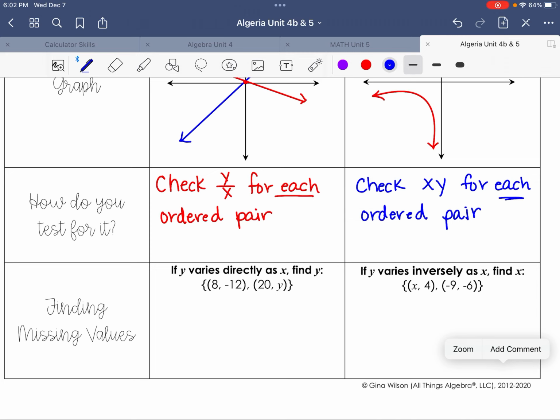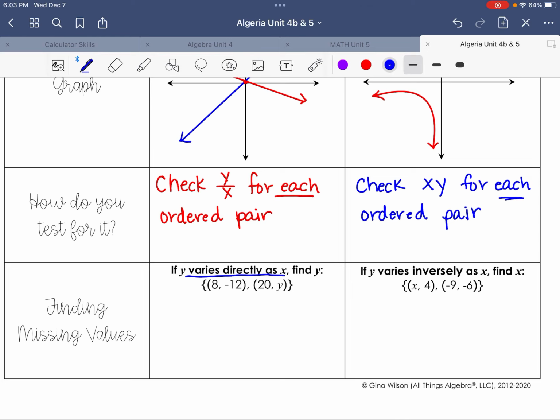If you're finding missing values, you need to remember that because direct variation is proportional, it can be set up as a proportion with each y divided by each x set equal to every other y divided by its x. So if you have direct variation, here's a key word: varies directly as x.